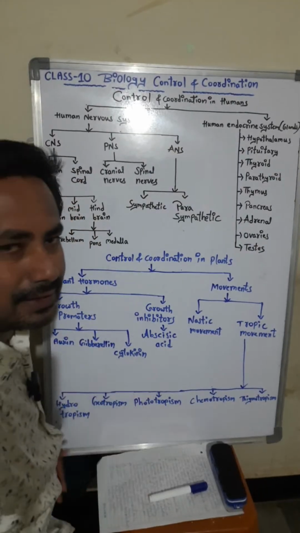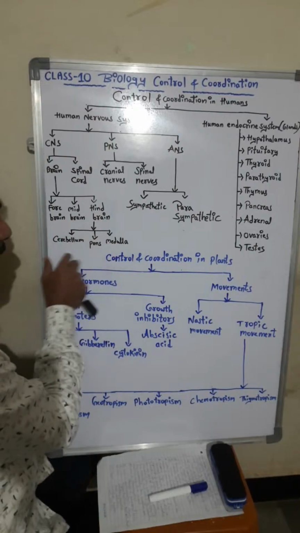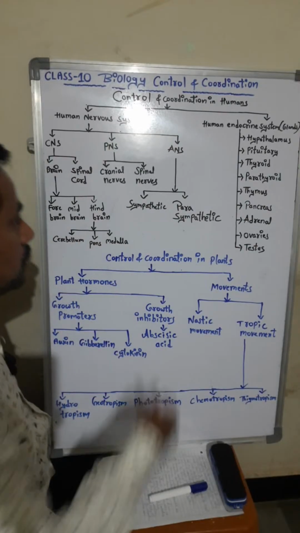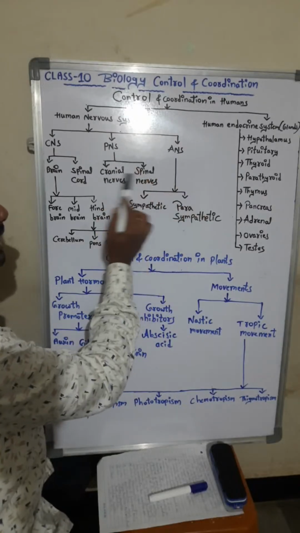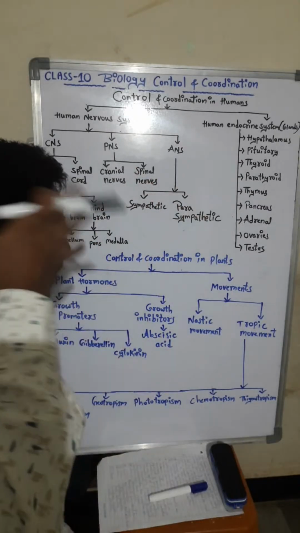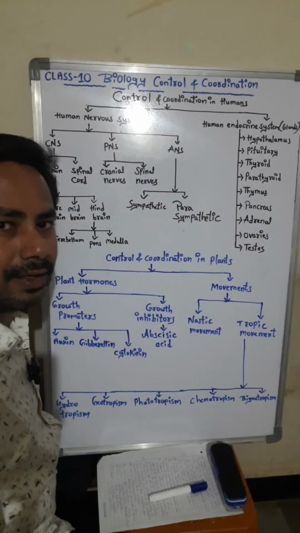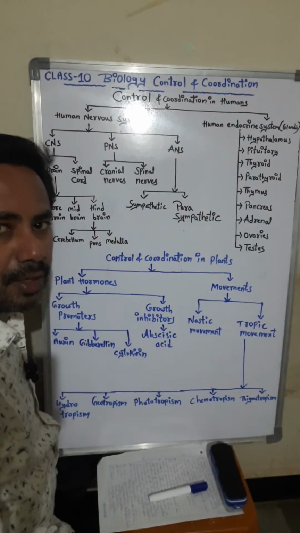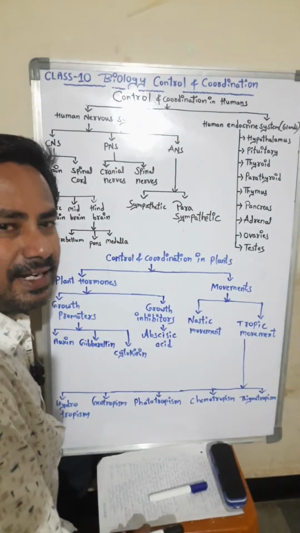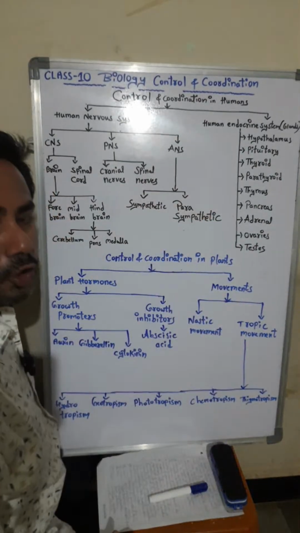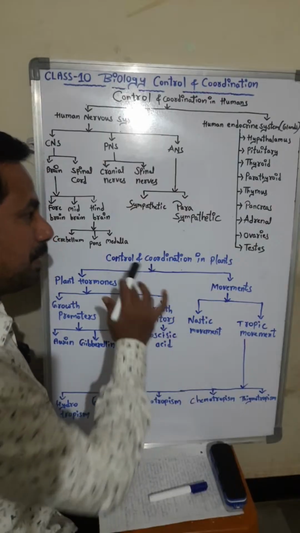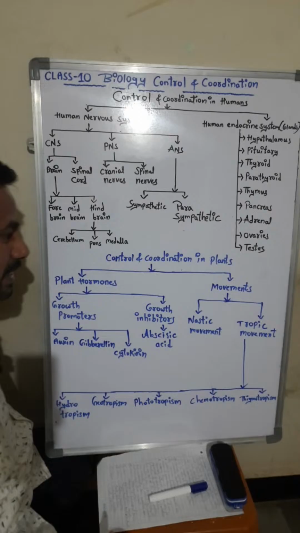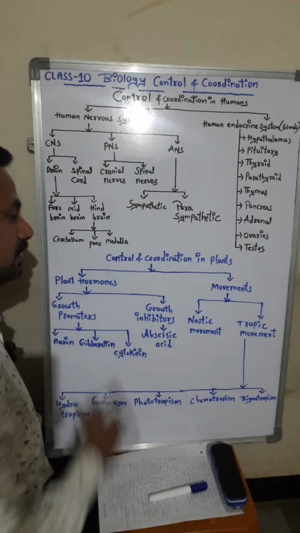Hindbrain has some parts: cerebellum, pons, medulla. In the PNS, the nerves emerging from the brain are cranial nerves, and the nerves emerging from the spinal cord are spinal nerves. And ANS, the autonomous nervous system, is sympathetic and parasympathetic. So let's continue with the next session.